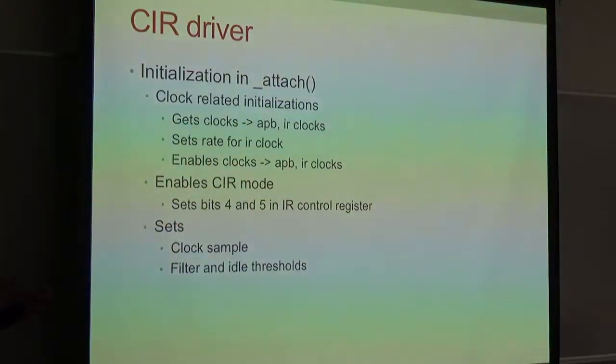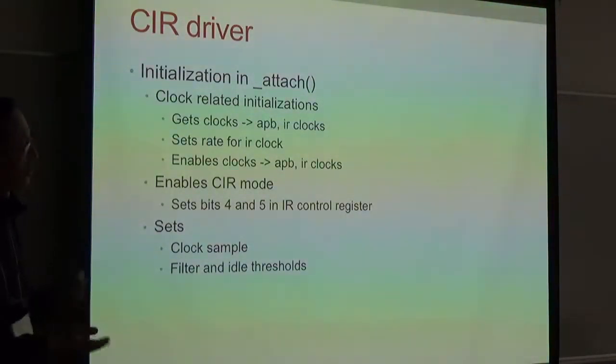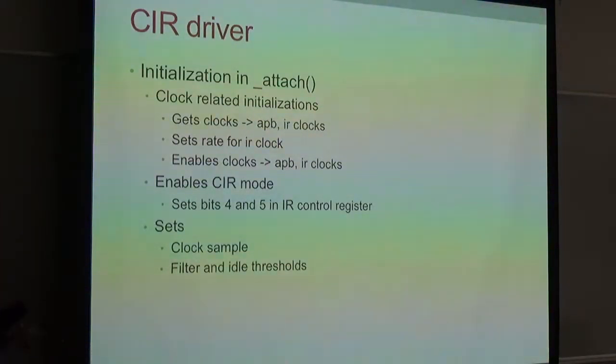Then initialization is in the attach function. First, it does clock-related initializations, like getting the APB and IR clocks from the device tree, then it sets the rate for the IR clock and enables these clocks. Later on it enables CIR mode, which is bits 4 and 5 in the IR control register.